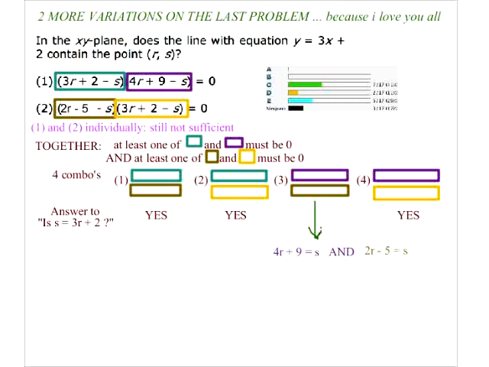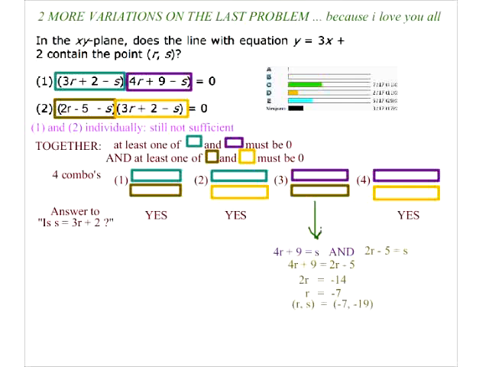They're both equal to S, so 4R plus 9 has to equal 2R minus 5. And so that means that 2R is negative 14, and so R is negative 7. And so you can plug back in: R and S are negative 7 and negative 19.